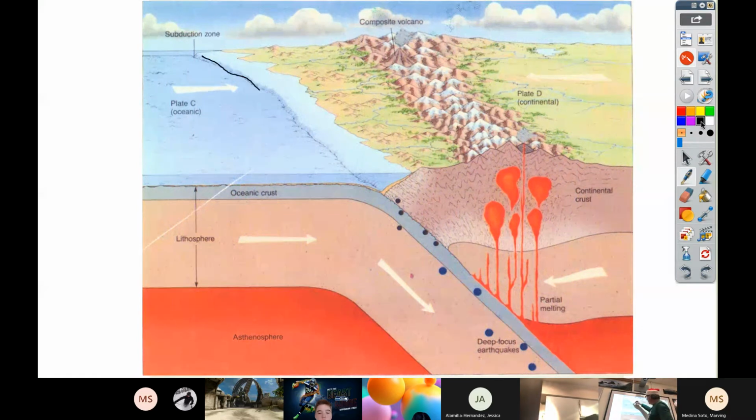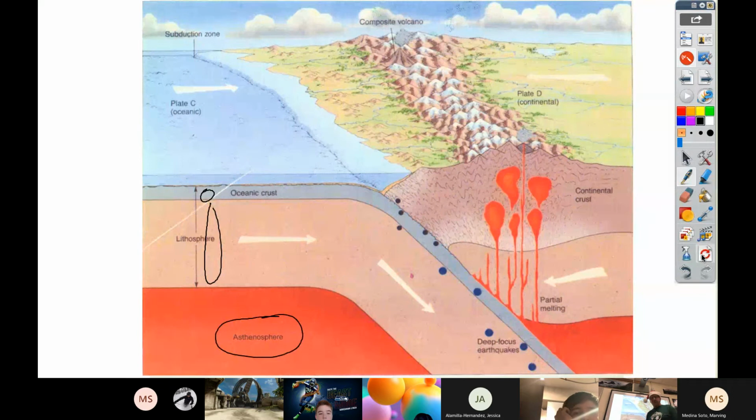That would be through here, right? That's that deep sea trench. Then we've got lithosphere that includes both the crust and the upper mantle. And we have asthenosphere, which is the lower mantle. A little review.